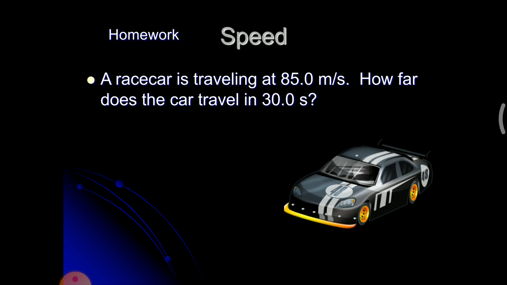You have to arrange the formula s equals d by t. They have given the t value, 30 seconds, and the speed, 85 meter per second. So s into t equals d. From this equation, you can calculate the value of distance. This is also homework for you.